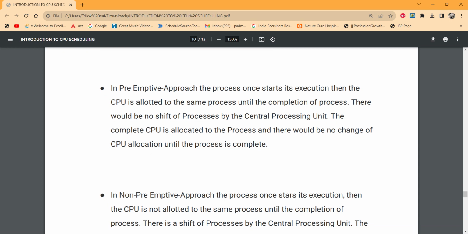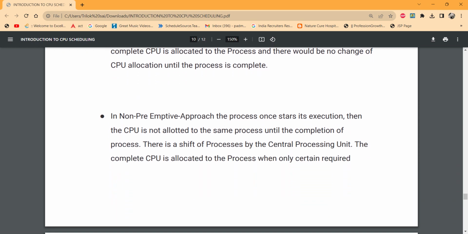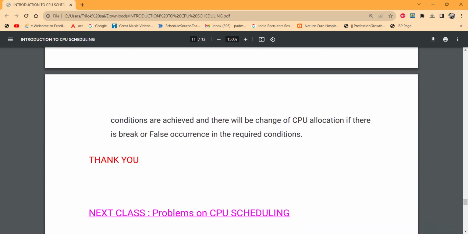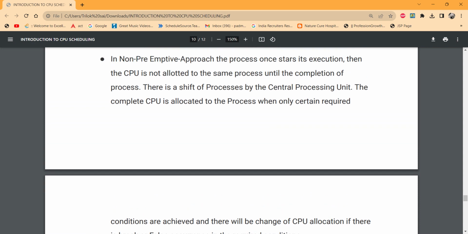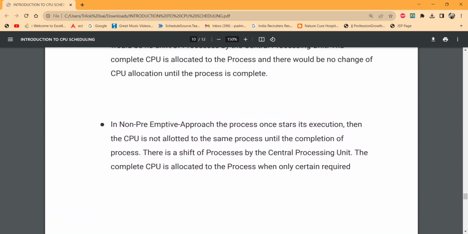This is called non-preemptive. In preemptive, once it starts its execution, the CPU is not necessarily allotted to the same process. There is a shift in process. The CPU is allocated to a process only when certain required conditions are met, and there will be a change of CPU allocation. As I have told you, all these cases come into consideration. Suppose a process is being given to the CPU and it is working.